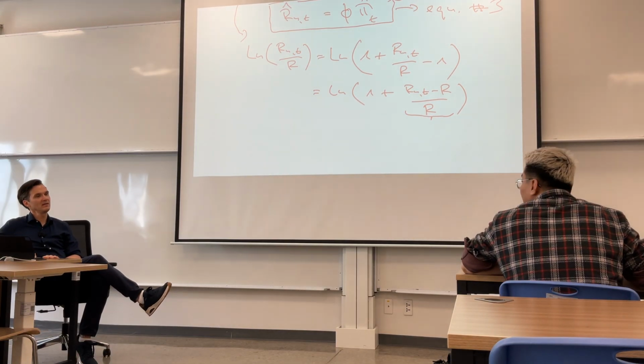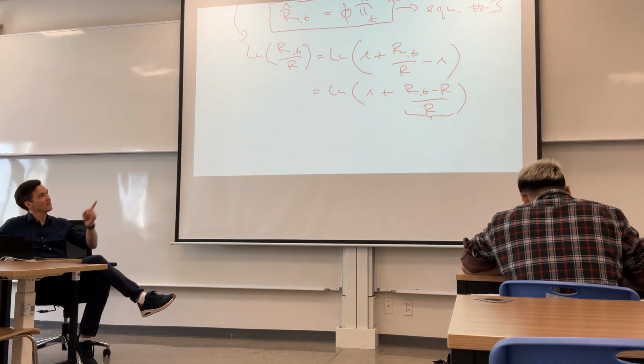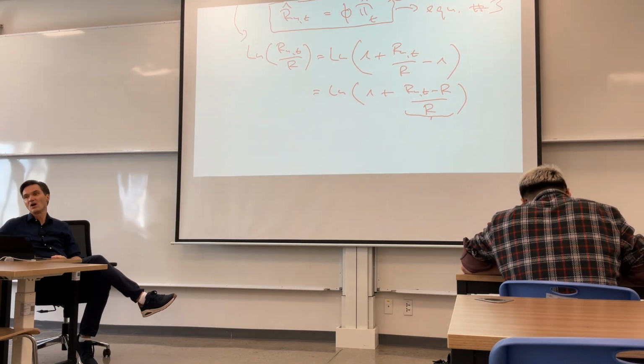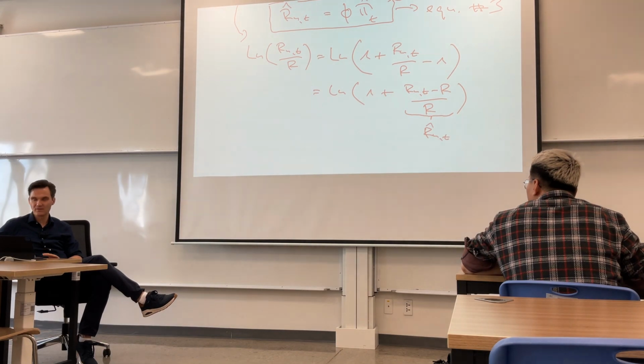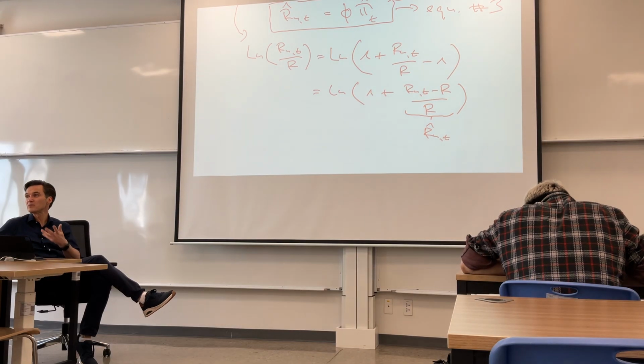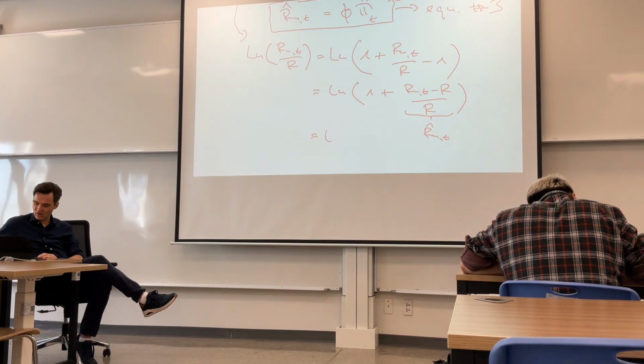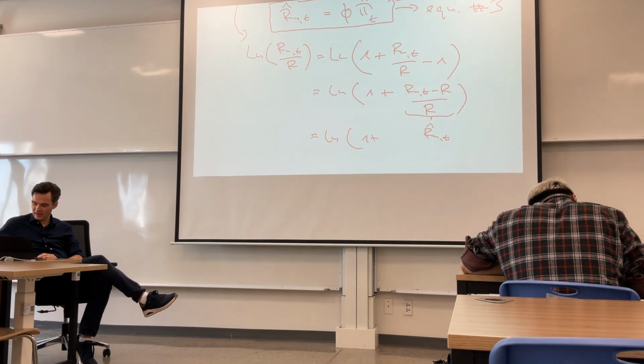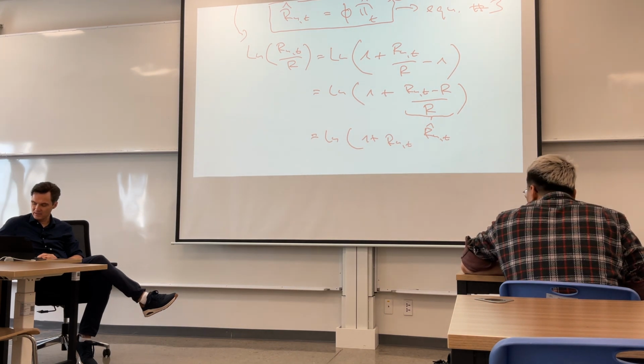You would call that the percent deviation of the nominal rate from its steady state, and that's what we typically call R_{n,t} hat. It's the definition of the percent deviation. So then we have the logarithm of 1 plus R_{n,t} hat.